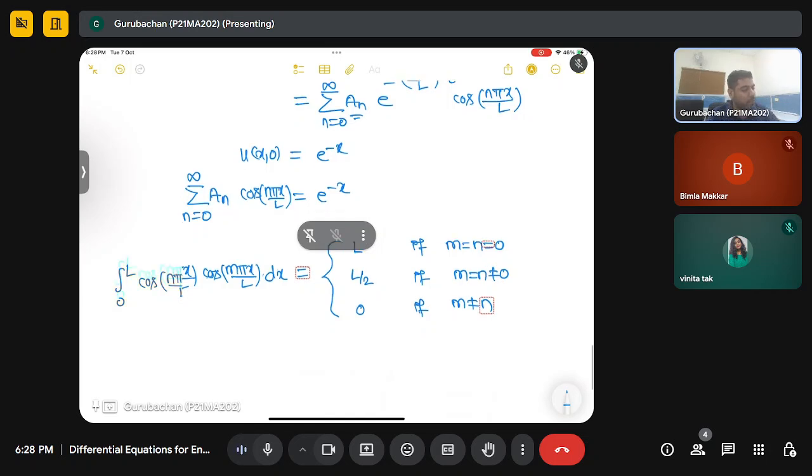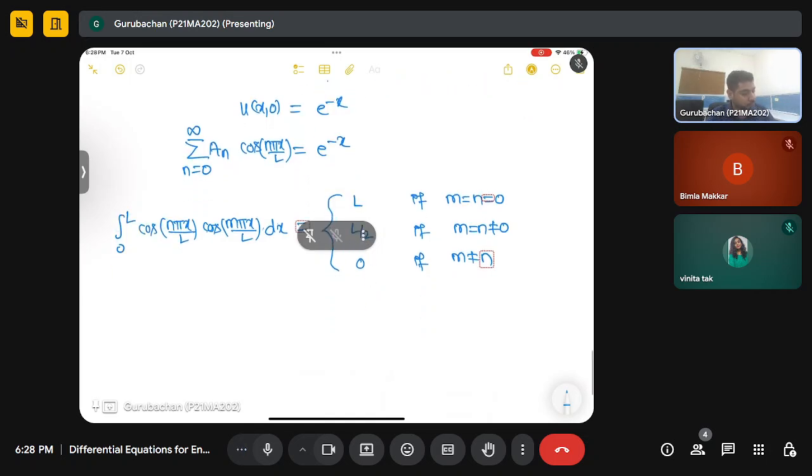So by this property, we may multiply equation number 1 by cos n pi x by l, and try to find out a_n corresponding to that. First of all, we consider the case where m equals n and not equal to 0. Let m equal n, not equal to 0.